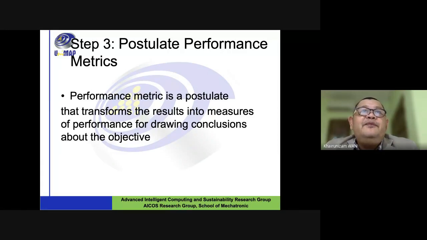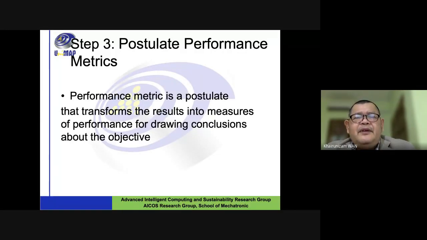This is the postulate for a performance metric. So performance metric is a postulate that transforms the result into measured performance for drawing conclusions about the objective. So you need to have the method how to measure everything about your investigation for you to draw the conclusion.